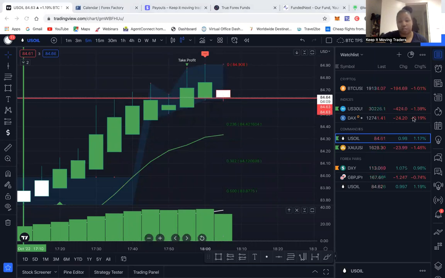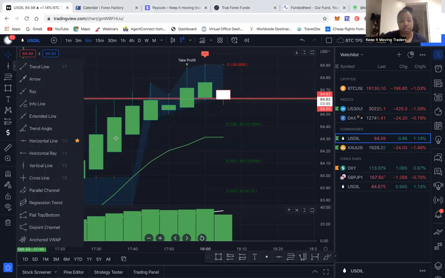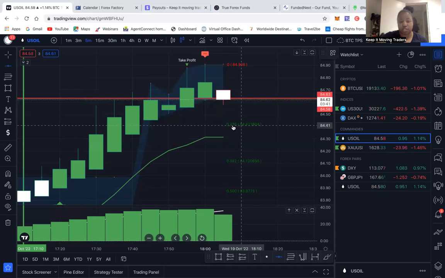So everybody, if you did move your SL up in profit a little bit, at the same time that I was doing it, you would have got stopped out right here. That's why I said don't move your SL up too close, because what this might do now is probably come back down also to the 236, retest this area. Right, look at this. It might come down, retest this area, which is technically 50%.